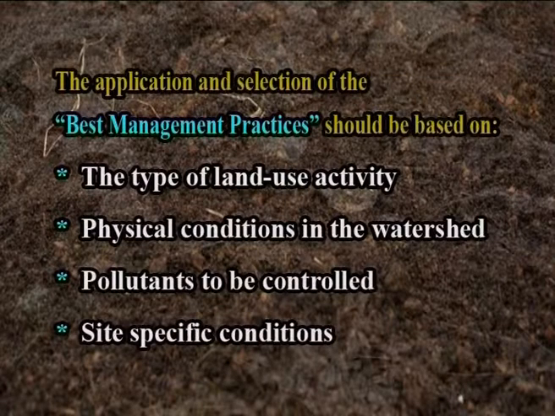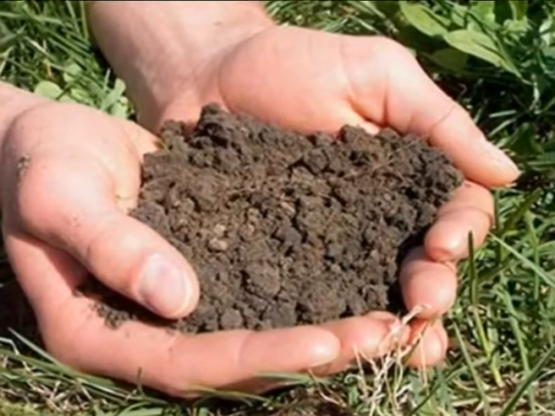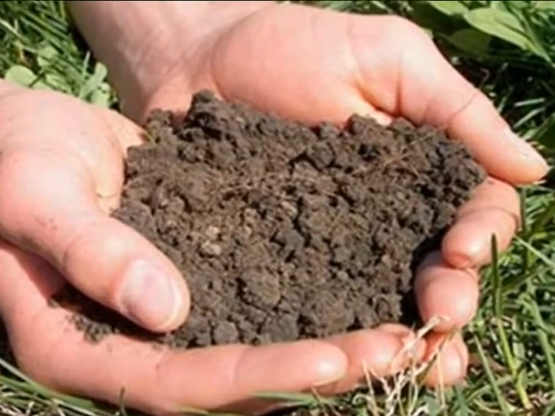The application and selection of the best management practices should be based on the type of land use activity, physical condition in the watershed, pollutants to be controlled, site specific conditions. Best management practices for some land use may be similar.